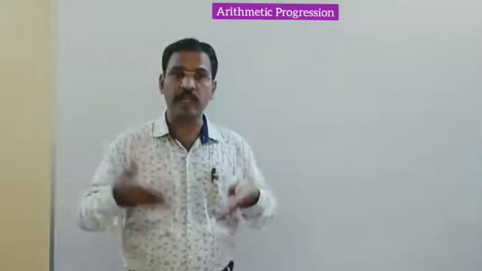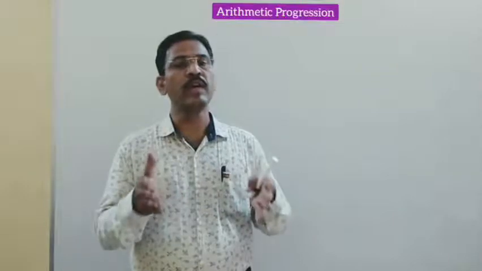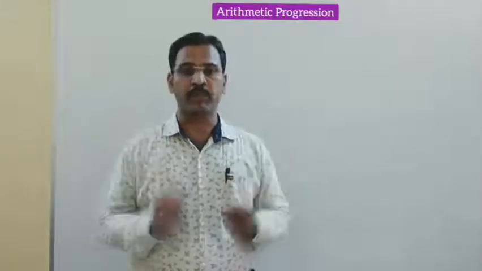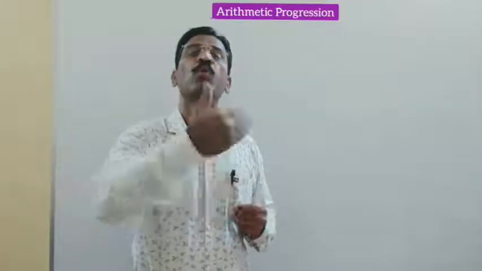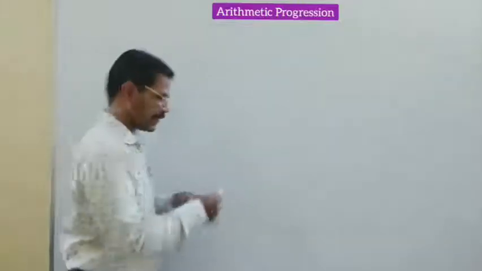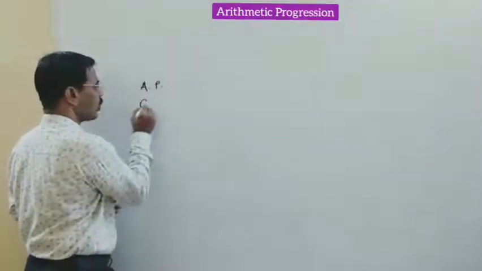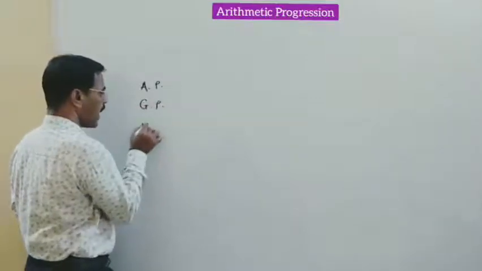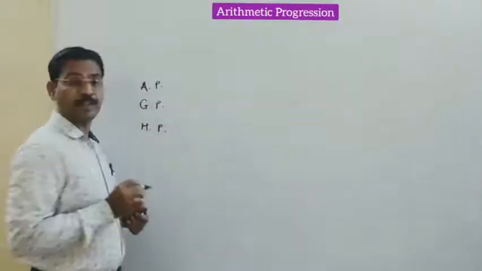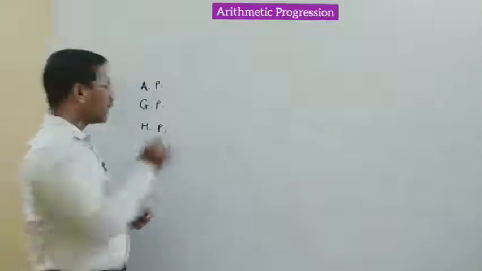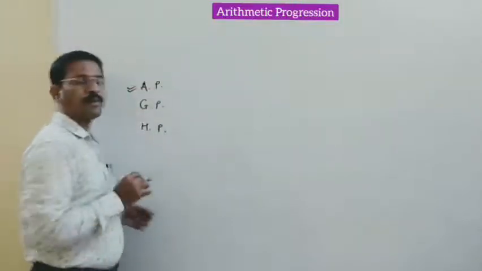But today we are going to discuss only arithmetic progression. Actually, there are two more progressions: arithmetic progression, geometric progression, and then harmonic progression also. But we are going to discuss only arithmetic progression.